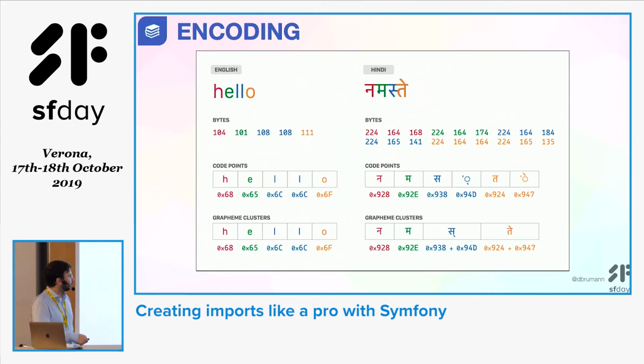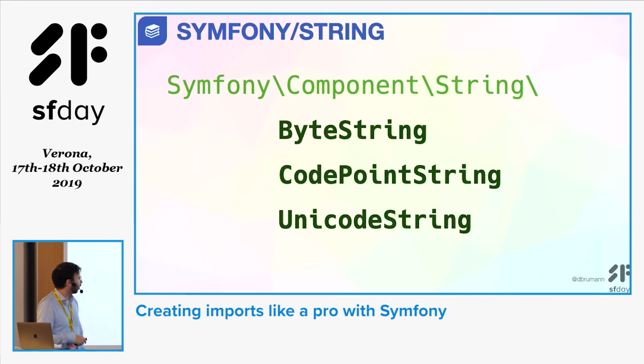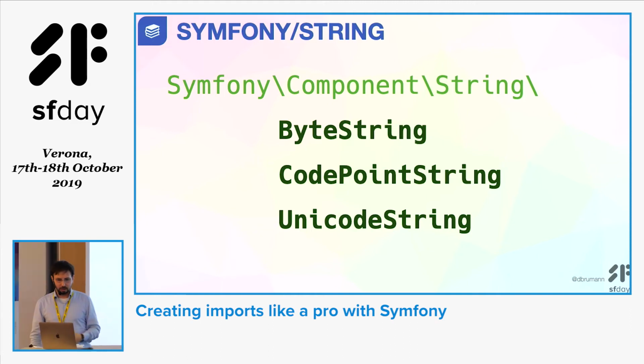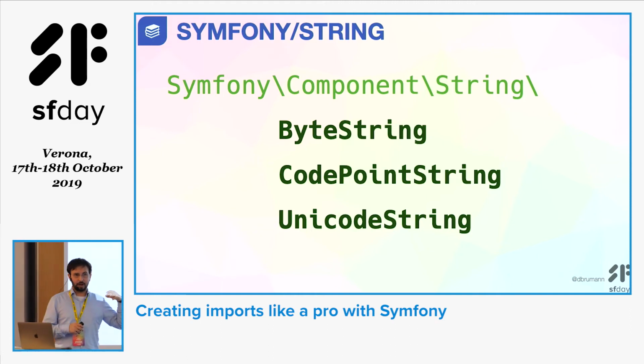For example, if you compare a byte string and get the length, this will be considerably longer than this and then this. So this is length 4, this is length 6, and this is length, I don't know. And actually, calling the length method on each of these strings will give you the length of your current representation. So you can work really well with the very low-level byte string data if you want to.